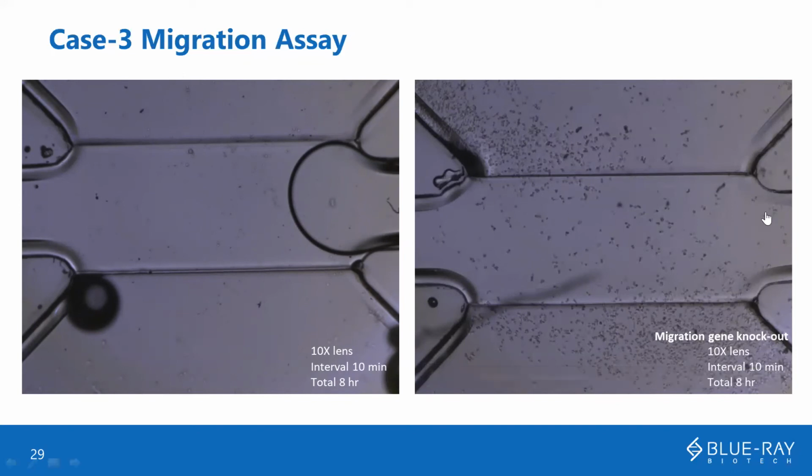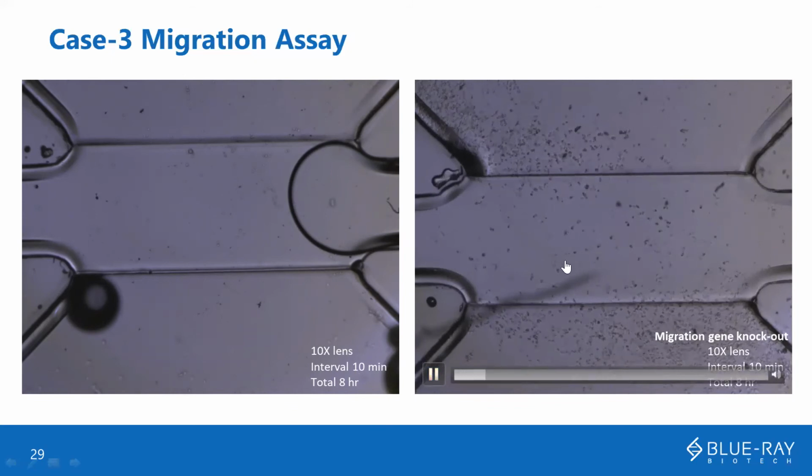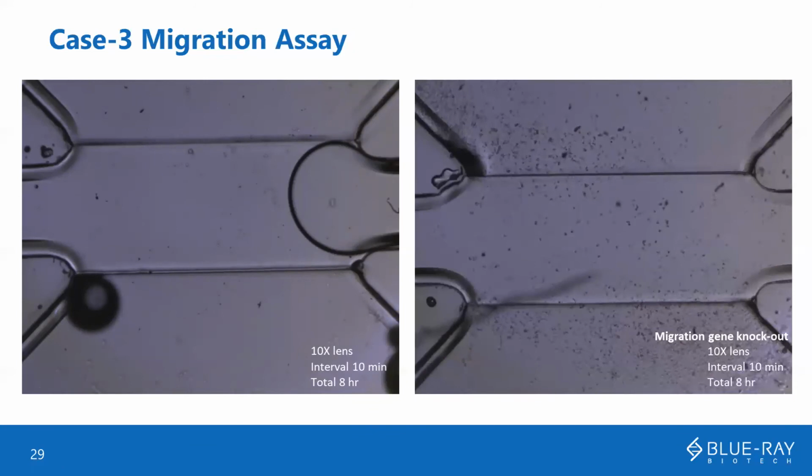And the video on the right is the cells where the migration gene was knocked out. You can see the cells are still moving, but they are moving without direction.